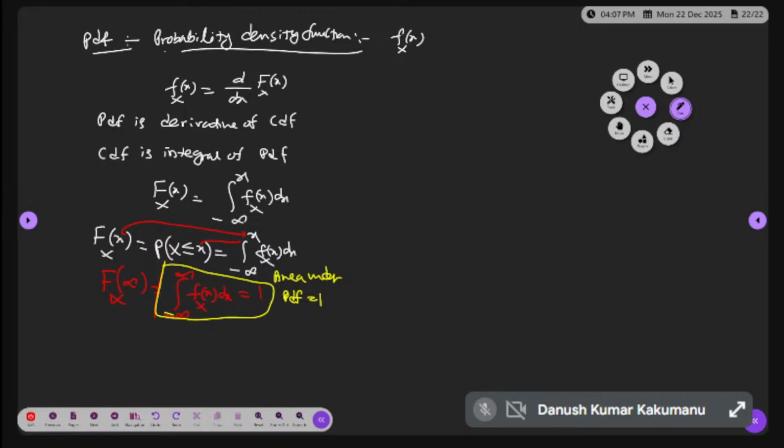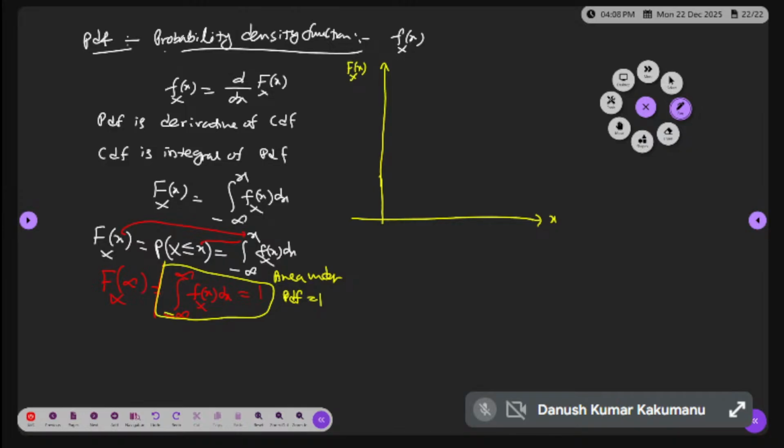Now, let us draw the PDF graph. All of you know the CDF graph? The CDF graph is a monotonically increasing staircase.